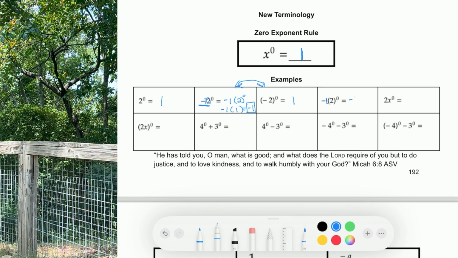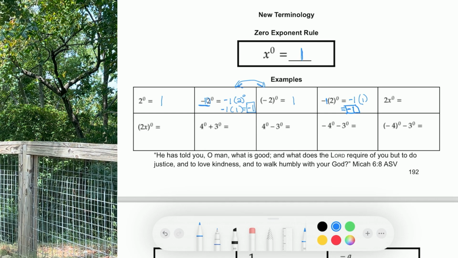So we have a negative 1 times 2 to the power of 0 is 1, and that equals 1. Let me write that below that here so it's a little bit clearer. And that's our answer. Or excuse me, negative 1, because negative 1 times a positive 1 is a negative 1.